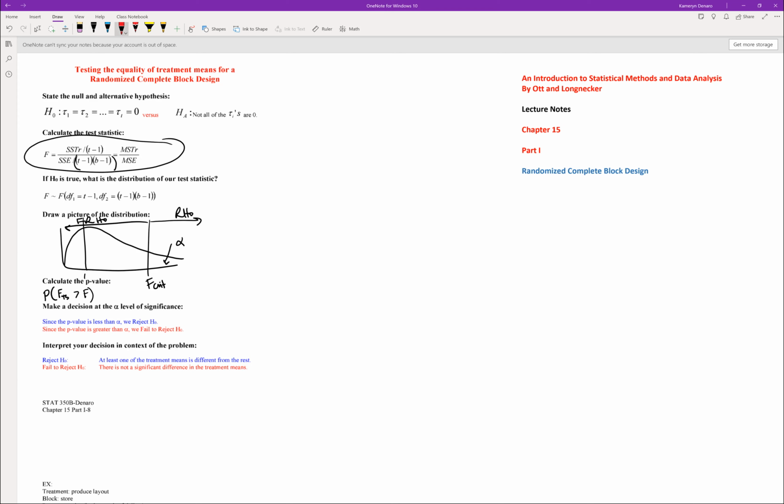So if we find our test statistic to be up here, then really that p-value is this area, right? If our test statistic is back here, then our p-value is the area under the curve larger than our test statistic.